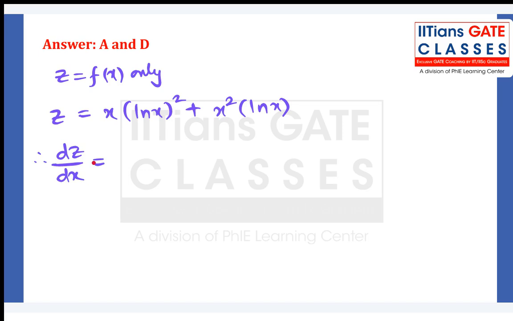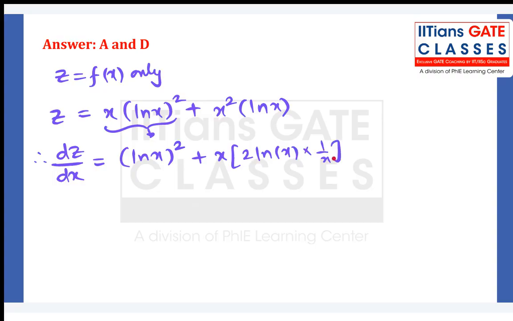First you have to use the chain rule. So the first term will remain as it is, plus the derivative of this part only, then x will be there, then you will have 2 into ln of x multiplied by 1 by x. This is the derivative of only the first term, and then let's do the second term as well.